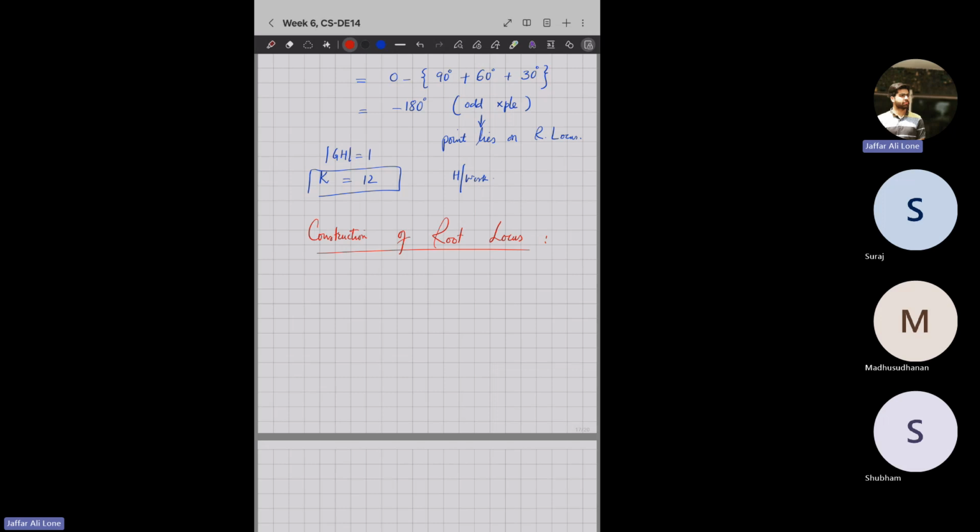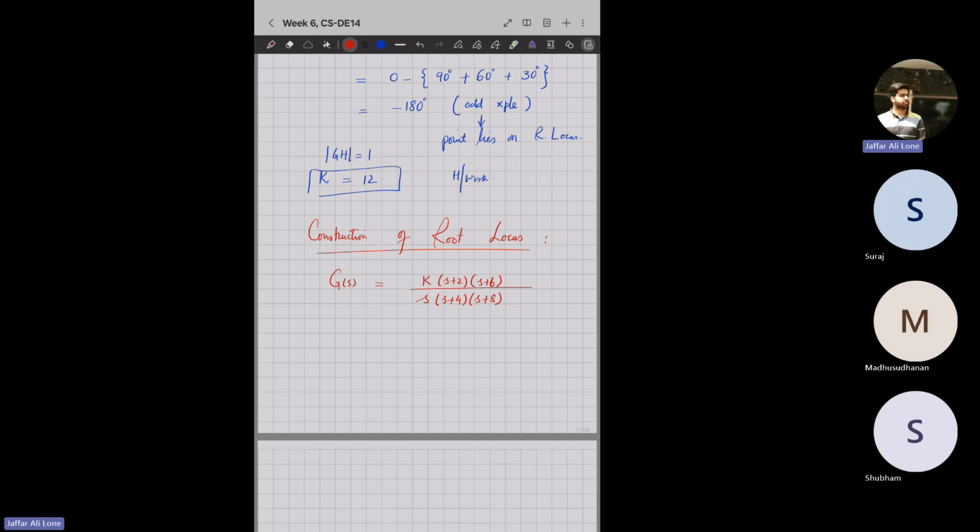But I'll go with a very basic question, which is k into s plus 2 into s plus 6, over s into s plus 4 into s plus 8. This is a very good question to start the construction of a root locus.